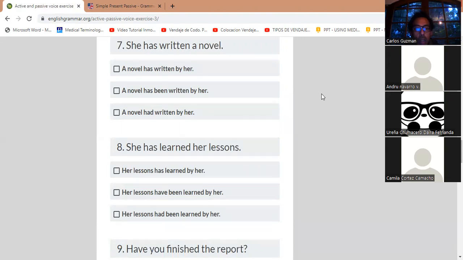Sería a novel has, a novel had written by her. En español, she has written a novel. Ella escribió. Ella ha escrito. Sería, right? Ella ha escrito una novela.